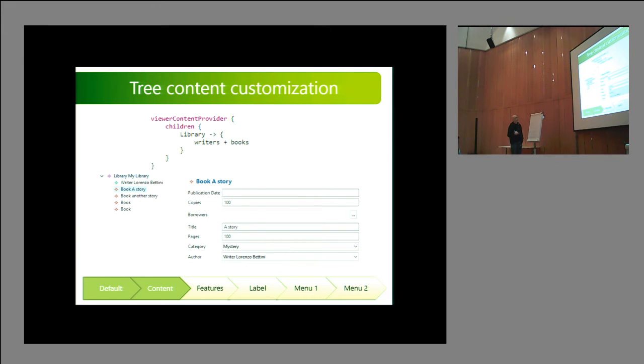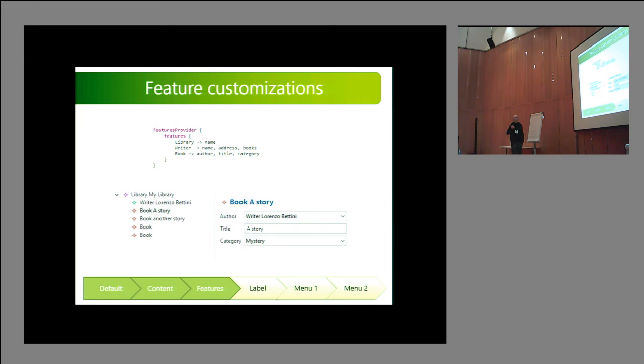Let's say that I want to customize the features that are shown in the form and also the captions used for the features. Again, there's a section in the DSL, and again, everything is done declaratively. So for the library, I only want to show the name. For the writer, only the name, the address, and the books, and for the book, only the author and the title and the category.